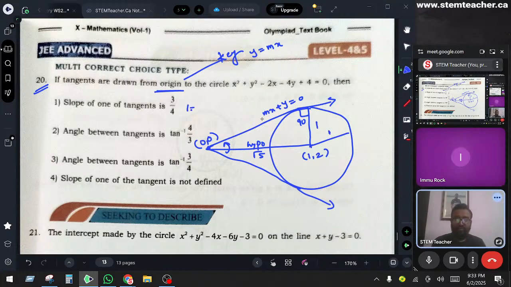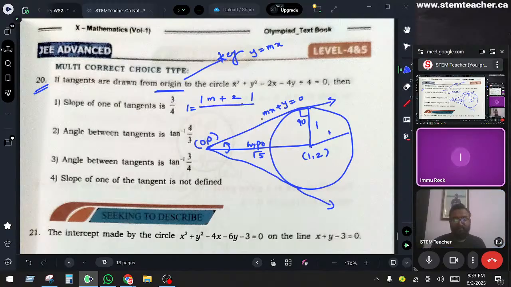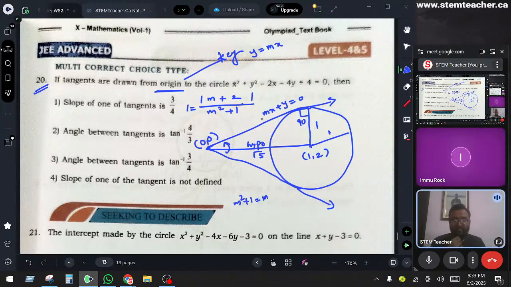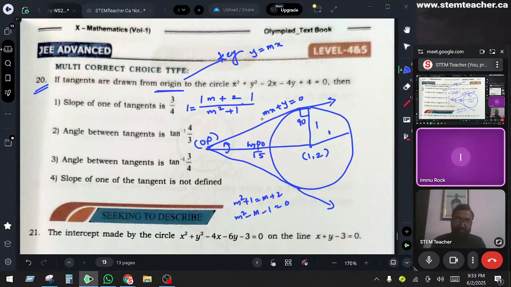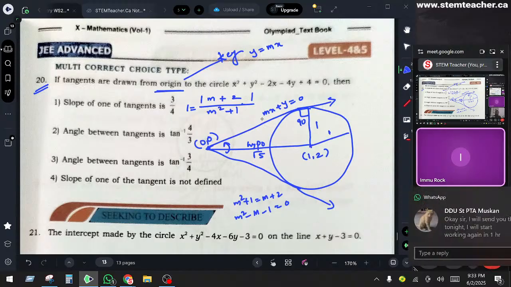Perpendicular distance 1 is equals to mod, ये पॉइंट इसमें सब्स्टिट्यूशन करना होता है. (m plus 2) by under root m square plus 1. m square plus 1 is equals to (m plus 2) whole square... m square minus m minus 1 is equals to 0. Now you will get a problem. It is not simple.